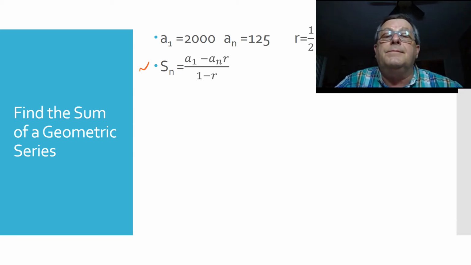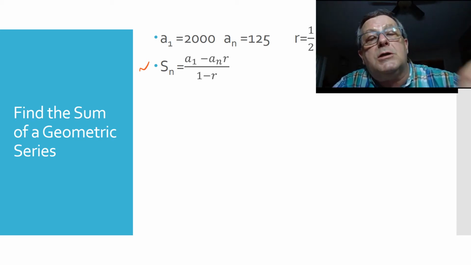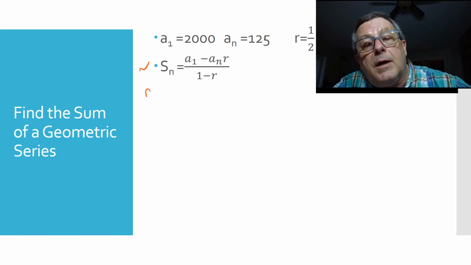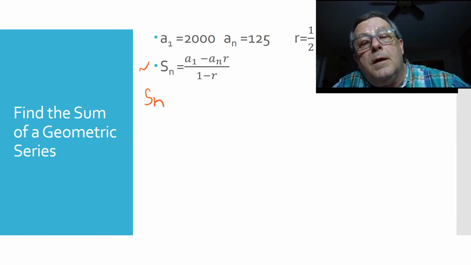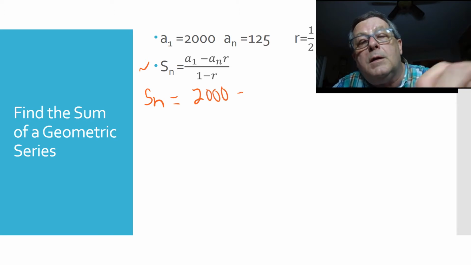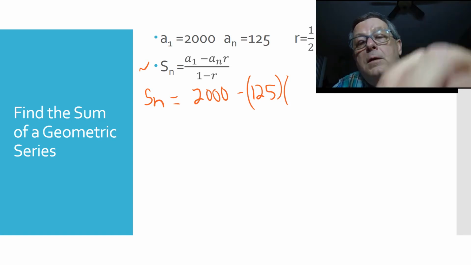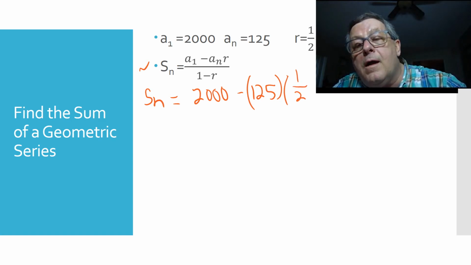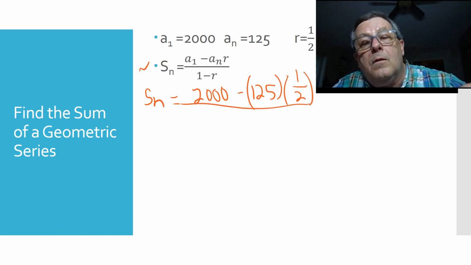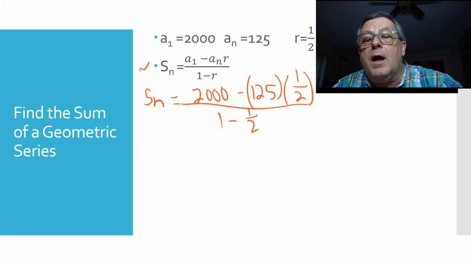Again, we just plug and chug. Sn equals A1 which is 2,000 minus 125, which is An, times the common ratio, which is 1/2, over 1 minus the common ratio, which is 1/2.